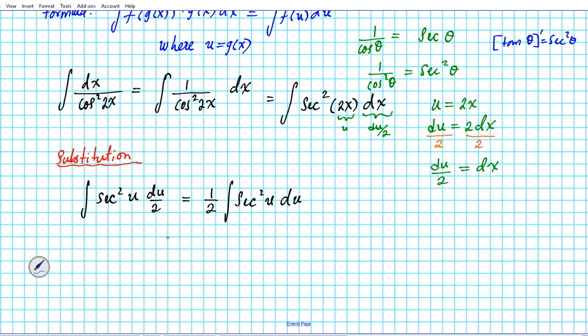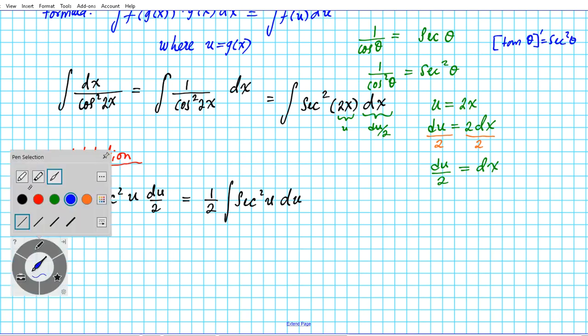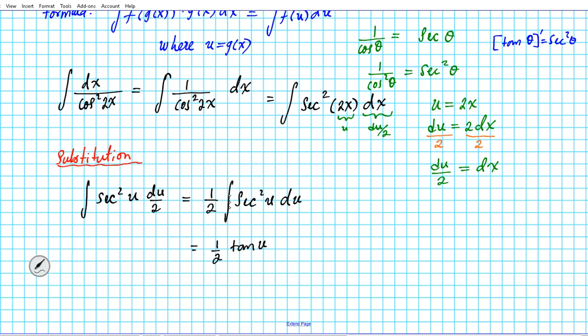So let's use that reversal of the differentiation rule here to integrate, and we're going to have 1/2 of, instead of secant square theta, the antiderivative is tan u. Remember, after you integrate, the integral symbol and the du go away together. Okay, and don't forget your plus c because this is an indefinite integral.